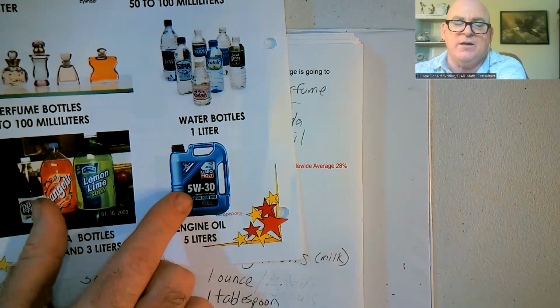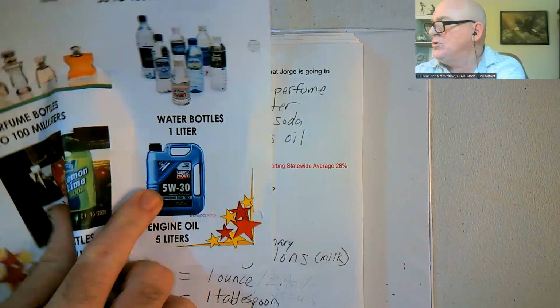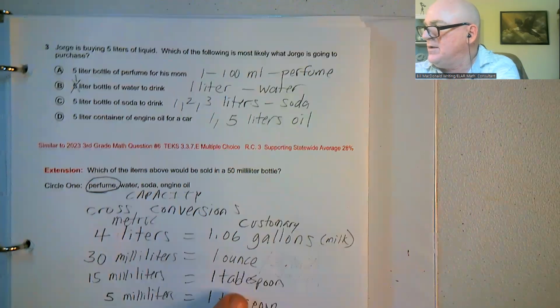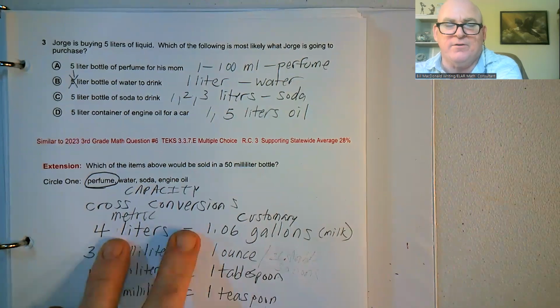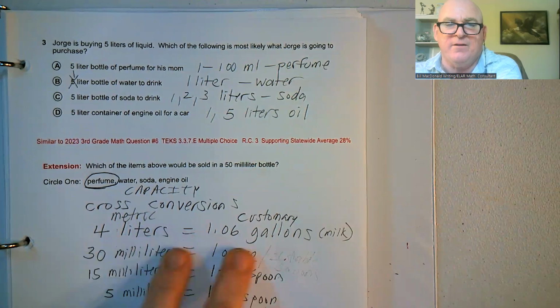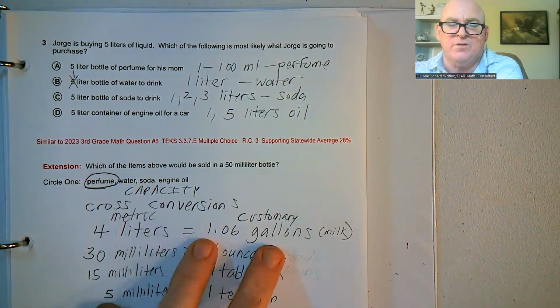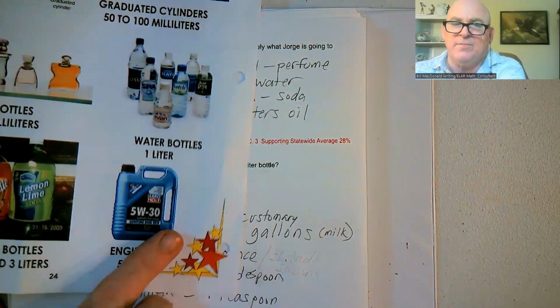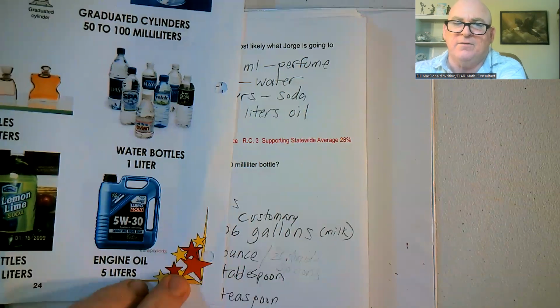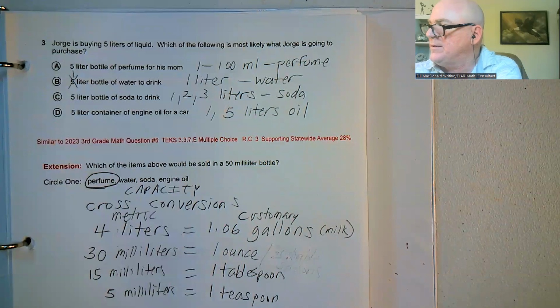That large container of engine oil could be sold in 5 liters. And if you look here, 4 liters, the closest one that I have in the cross conversions, is about a gallon. And so if you see that, your students might think of a gallon of engine oil, right?